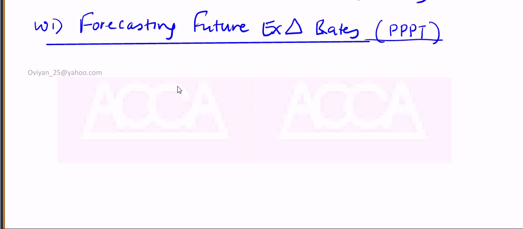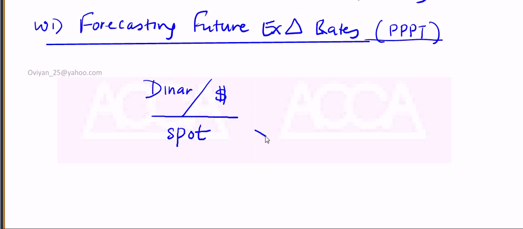Now, we are told that in this particular question, the exchange rate is given in dinar per dollar. If you're going to take a spot rate, you're going to multiply with 1 plus inflation.